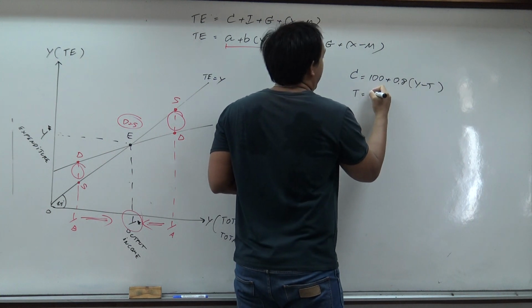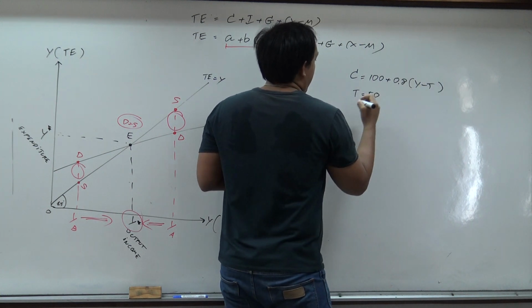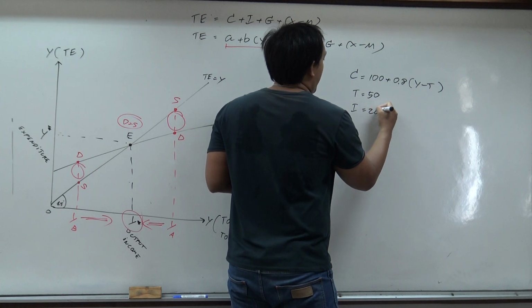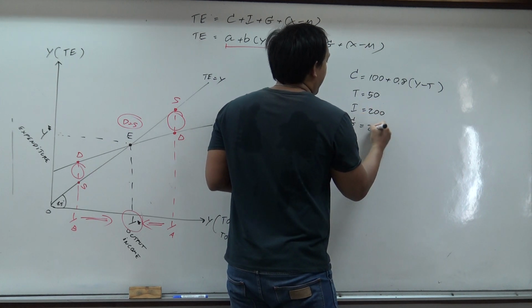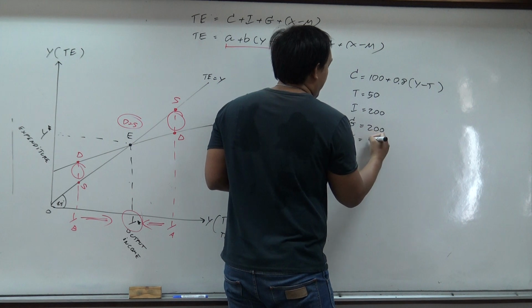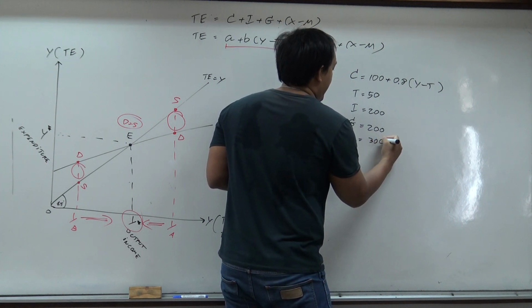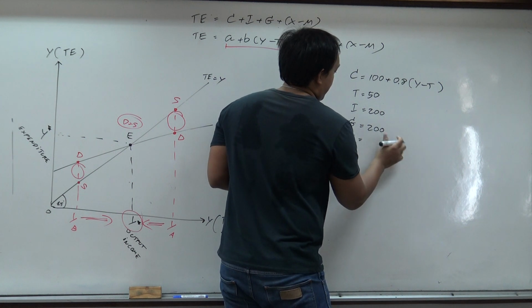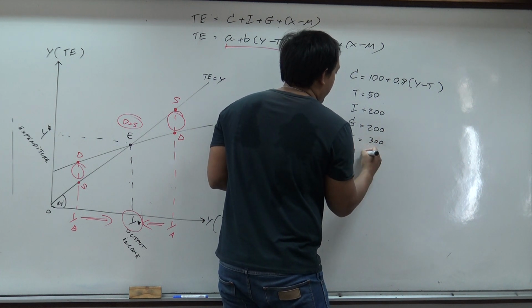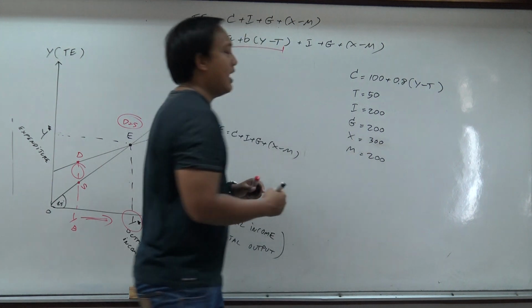I assume that T equals 50. I assume that investment equals 200. Government spending equals 200. Exports equal 300. Imports equal 200, for example.